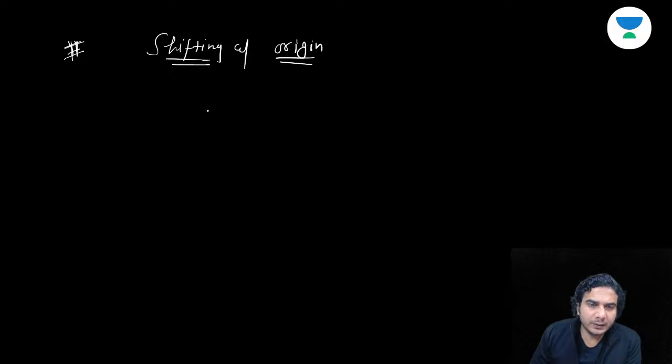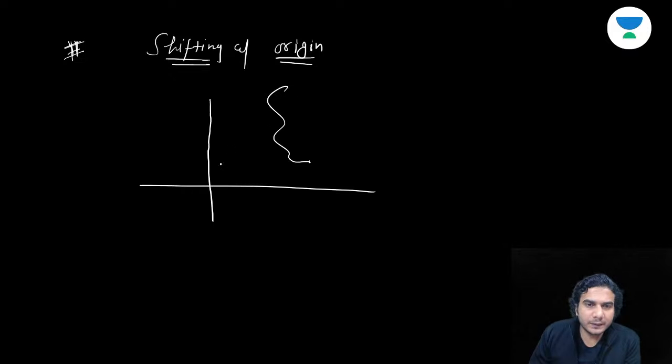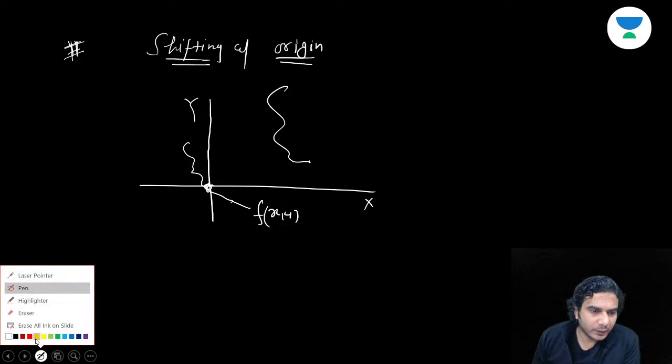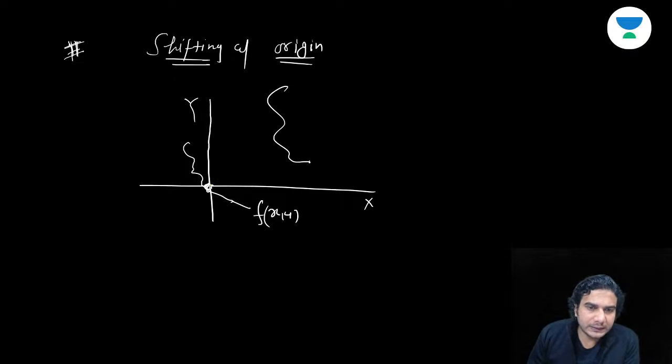See, I'm telling you a shifting in a different way. Suppose these are the lines, and this is a curve. This is a curve which is passing through origin, f of x y, and this x-axis and this y-axis. Okay. What I want to do is, I want to translate this curve horizontally by h units and vertically by k units.